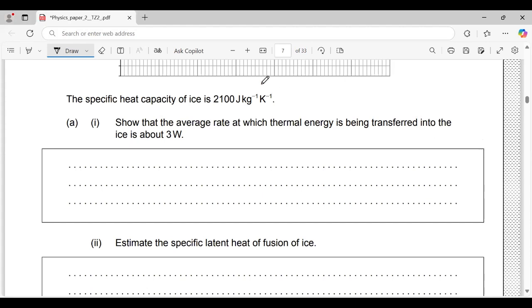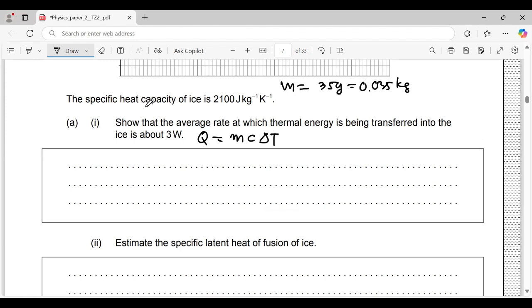The formula for determining thermal energy is Q equals M times C times delta T. But I would like to identify M, C, delta T. M is mass, mass of the ice is 35 grams. 35 grams converts to kilograms and becomes 0.035 kg.